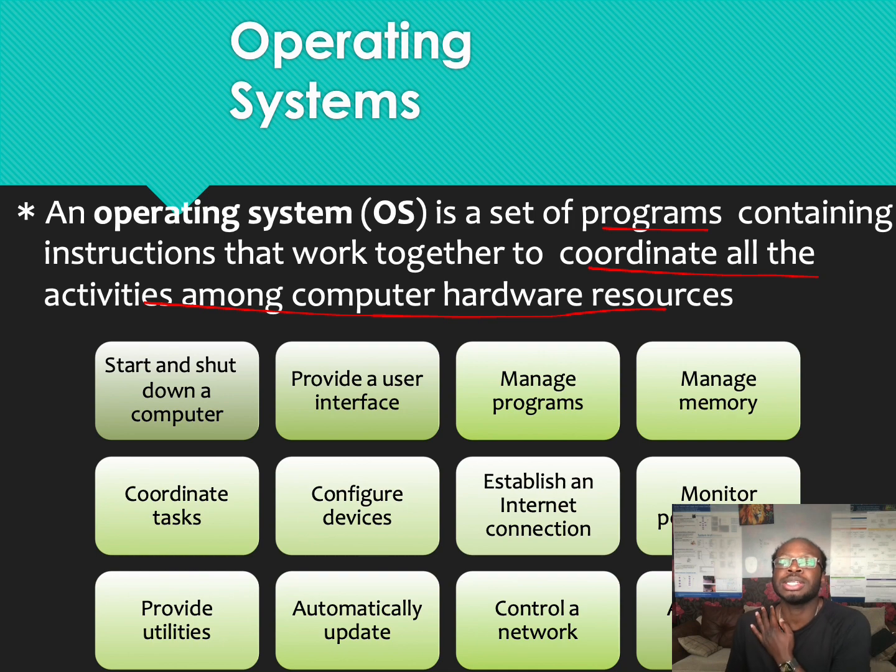How do we put this in a different way? You've got your hardware there, and you've got the applications. For example, now we've got PowerPoint, let's make it PP, and then Zoom.